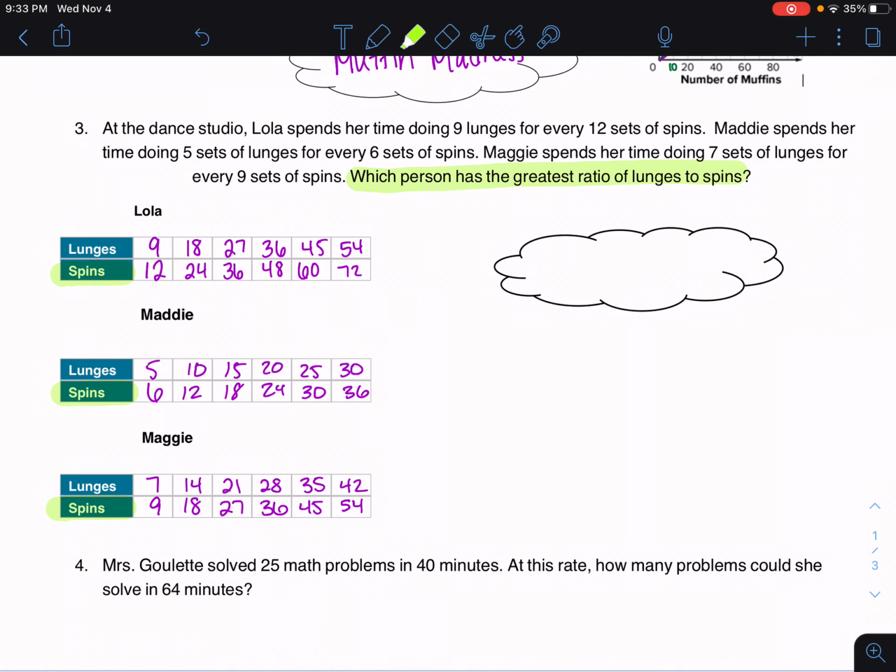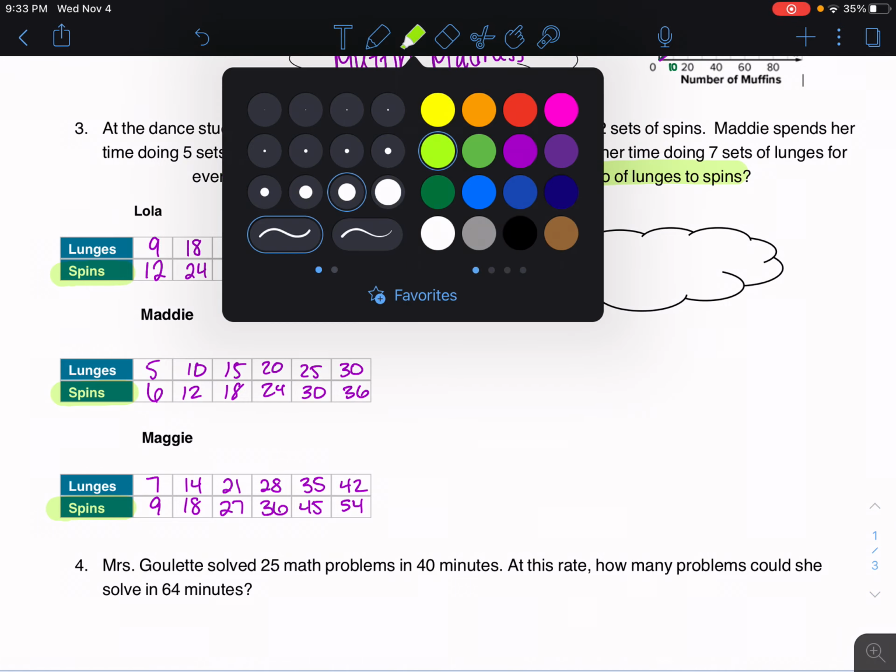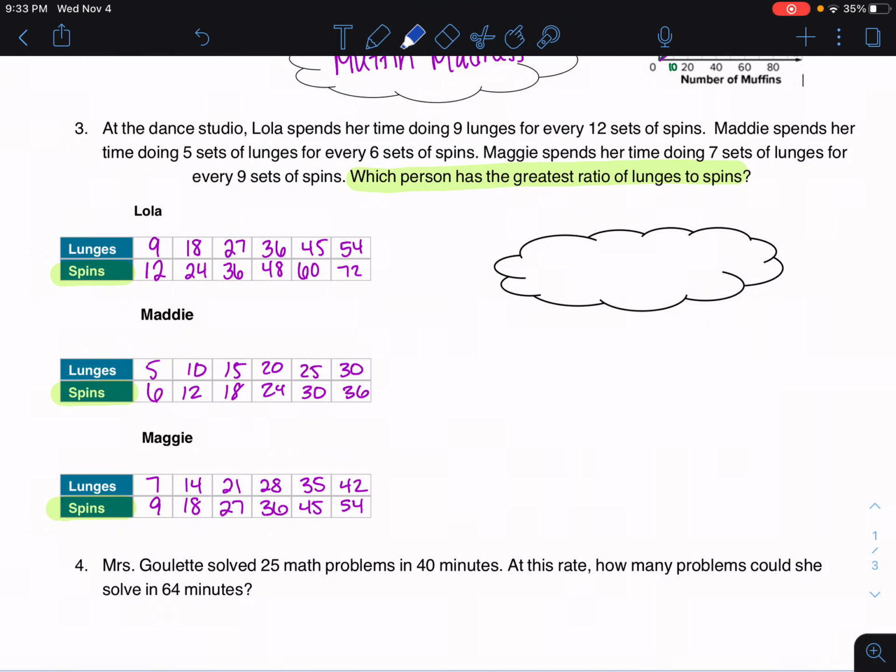So now I'm going to figure out where the spins are the same. So my spins are the same at 36. So if my spins are the same at 36, then Maddie does the most lunges.